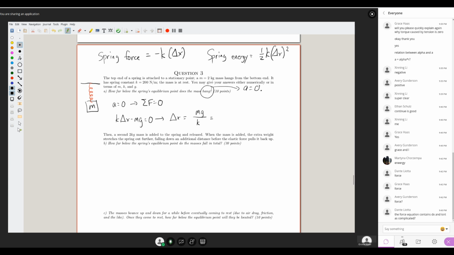So the mass is 2 kilograms, G is 10 meters per second squared, and the spring constant is 200 newtons per meter. Looking at the units, in the numerator that's newtons, and the denominator is newtons per meter. So this gives me 0.1 meter.